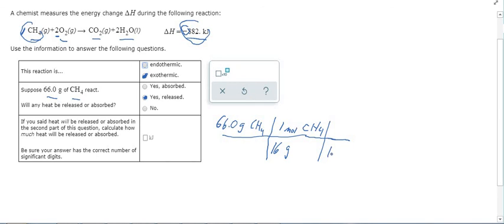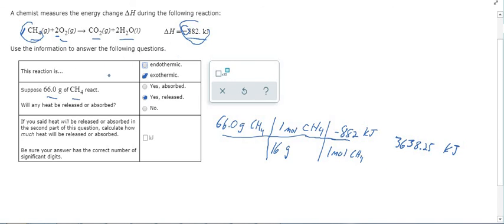So for every 1 mole of methane, I'm going to generate negative 882, with the negative there to show that it's exothermic, kilojoules worth of heat. And so when I put that into my calculator, I get 3825 kilojoules worth of heat.